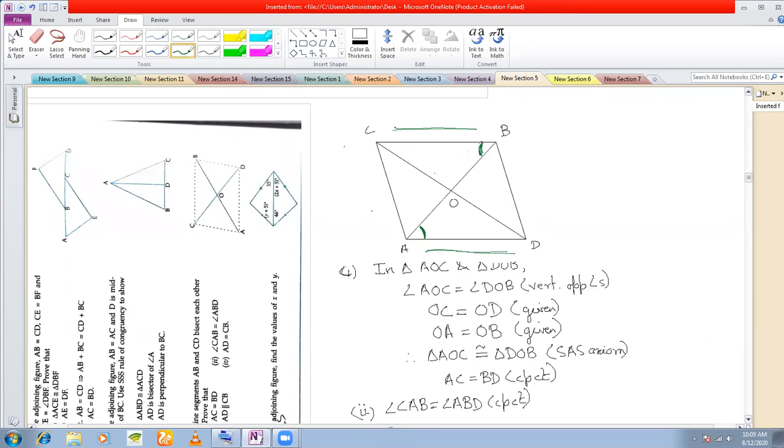But the question is, how do I show that these two angles are equal? If I can show that this triangle is congruent to this triangle, then I can say by CPCT that these two angles are equal.